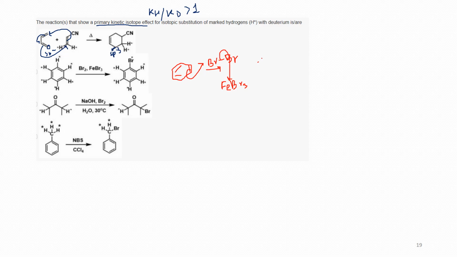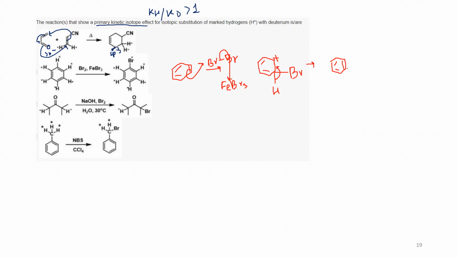So you get this type of intermediate. This CH will come here, and through aromatization we'll get our desired product.